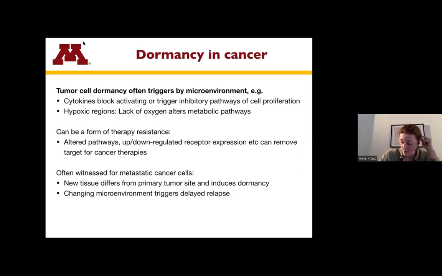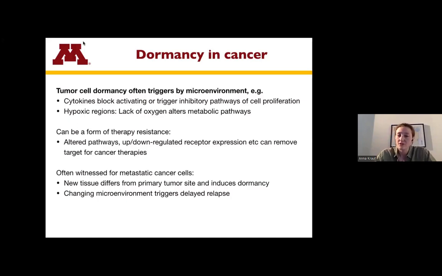And this is actually quite often seen when looking at metastatic cancer cells. So cancer cells disseminating from the primary tumor, migrating to other tissues of the body, and eventually causing a relapse in tumor, where these new tissues often differ from the site of the primary tumor by their microenvironment.